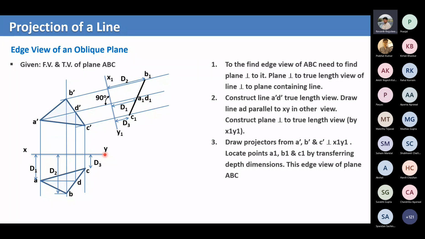What do you mean by that? If a line is parallel to the horizontal plane HP and is inclined to VP, then you'll get the true length of the line in one of the projections. In what projection do you get it? If a line is parallel to HP, how does the projection look like?